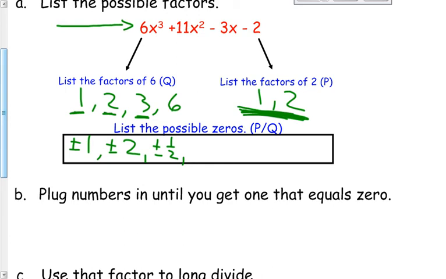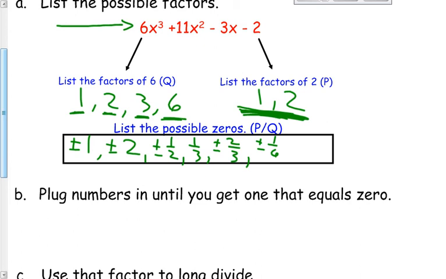So we got plus and minus 1/3, and we have plus and minus 2/3. And then we're going to have 1 and 2 over 6, so plus and minus 1/6, and plus and minus 2/6. And 2/6 is the same thing as 1/3. So class, we have successfully listed all of our possibilities.